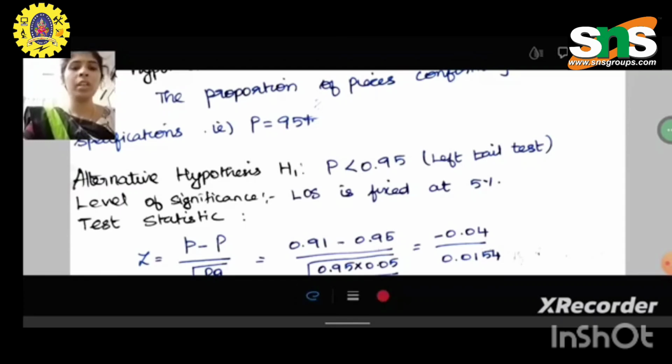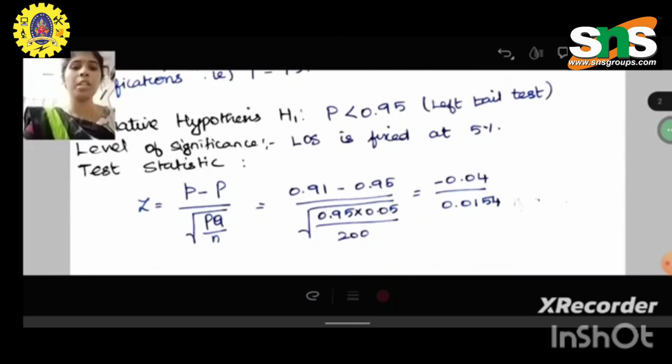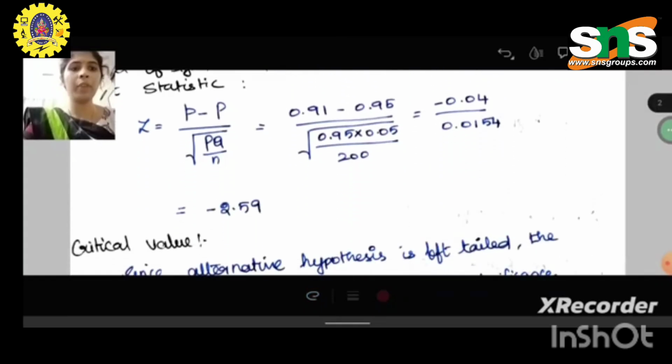We know that the formula for single proportion is small p minus capital P divided by root of PQ divided by n. Now we are going to substitute the values of small p, capital P, capital Q and n here. On simplifying, we get the value of z to be minus 2.59.